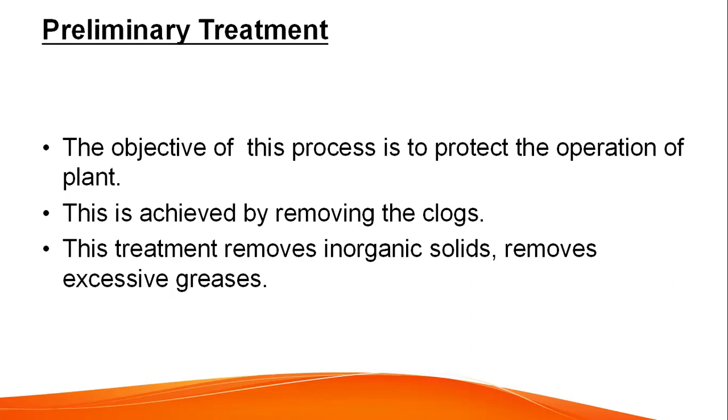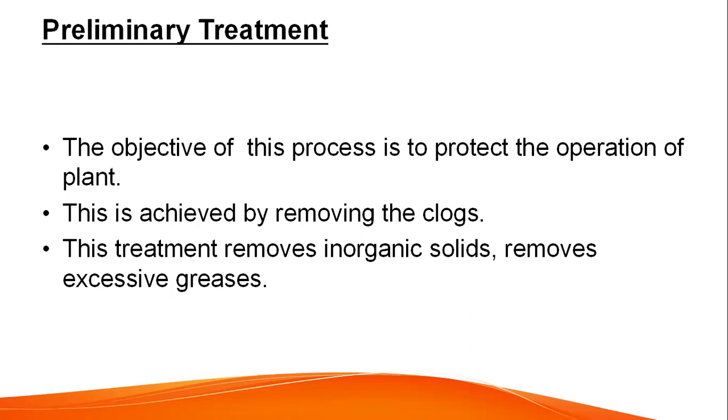This is achieved by removing the clogs. There are certain substances which clog the pipes of the industries, so it reduces the efficiency of the plants. The preliminary treatment is done to increase the efficiency. This treatment removes inorganic solids and removes excessive greases. This was the main point of the preliminary treatment.